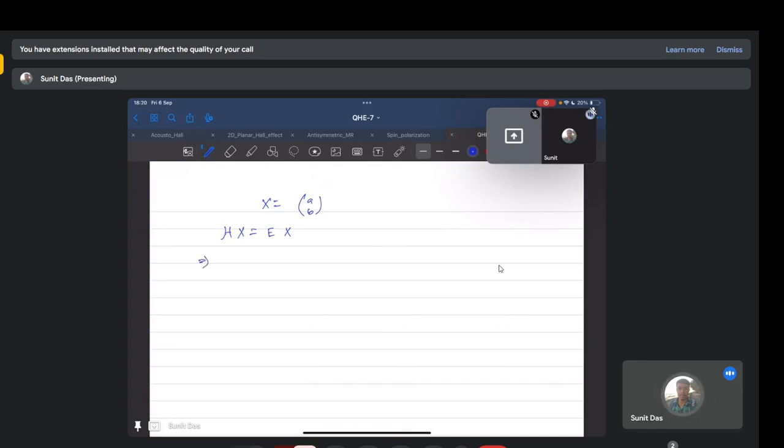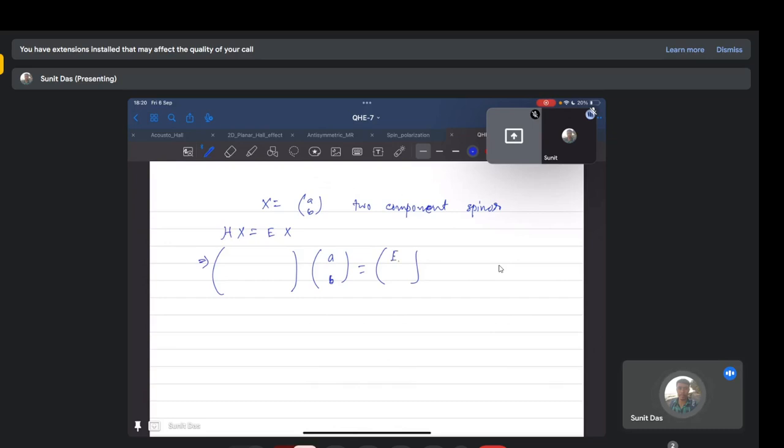So these are two component spinors. I'll have some Hamiltonian, and then a, b, and then the energy matrix, which is 2 by 1.